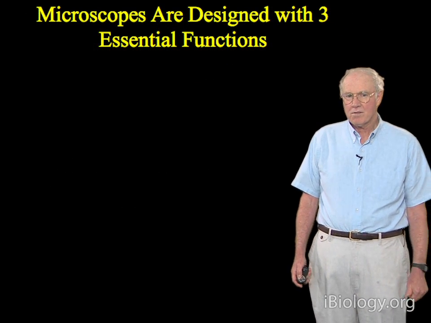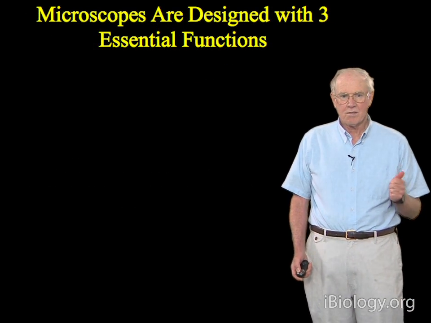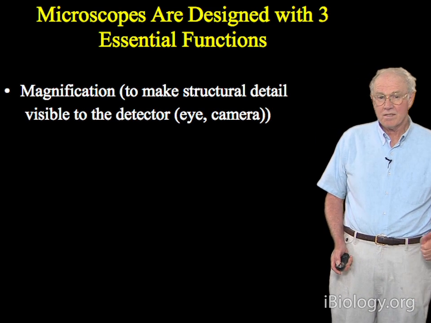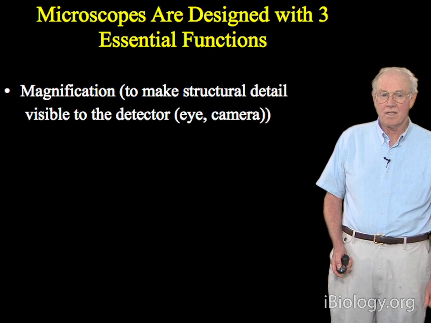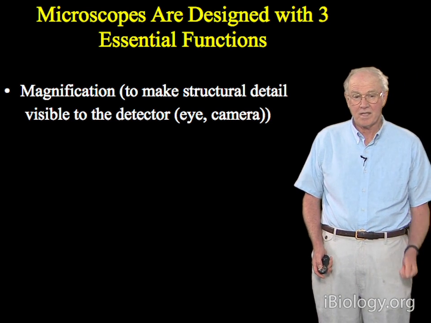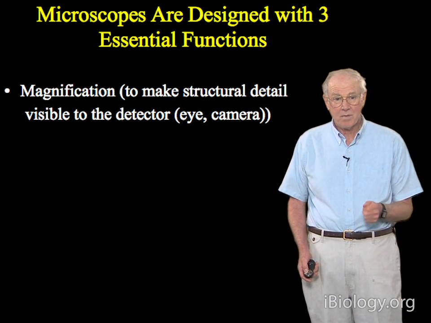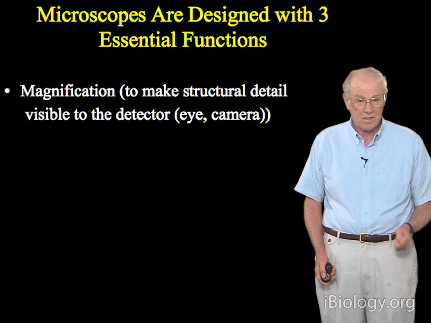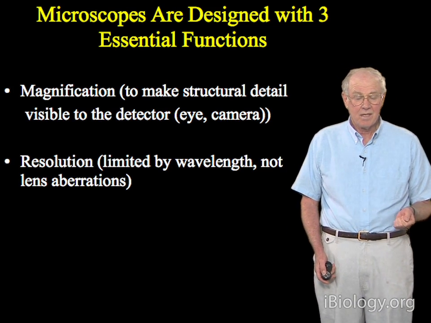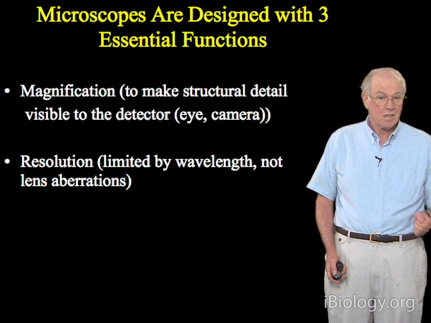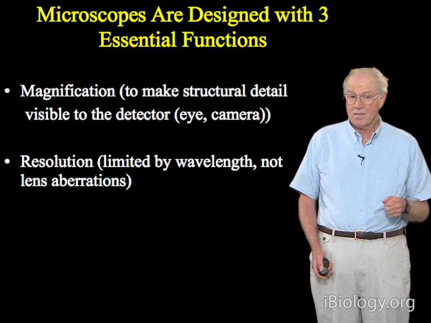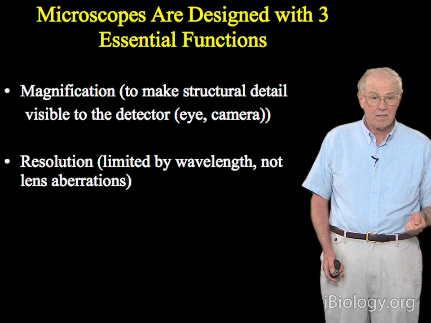Now, microscopes are designed with three essential functions. One is the magnification, and that is to make structural detail visible to the detector, which is the eye or the camera. We need sufficient magnification not to be limited by the resolution of the detectors. The second is resolution that is only limited by the wavelength of light and not by lens optical aberrations.